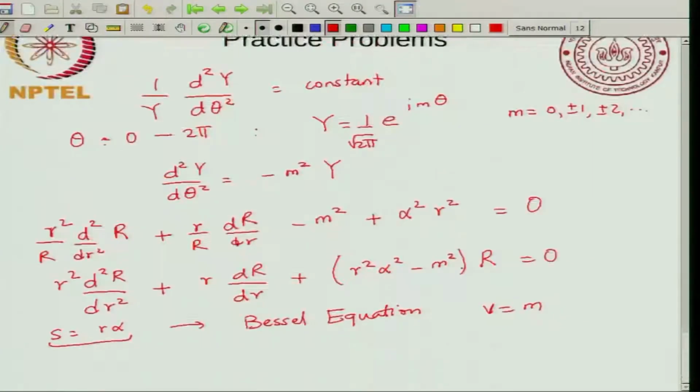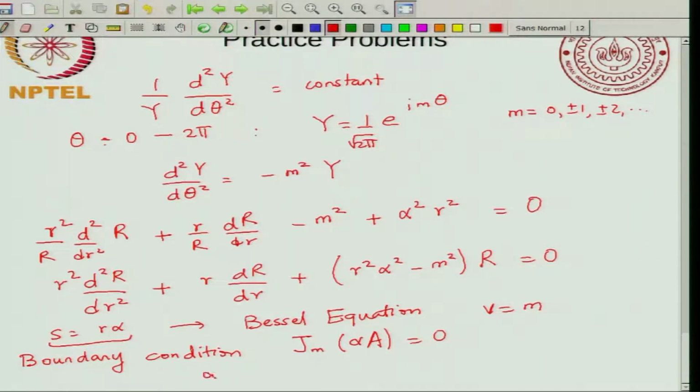You can verify that the boundary condition will basically be related to J m of alpha a equal to 0. So basically alpha will be related to the roots of the Bessel function.